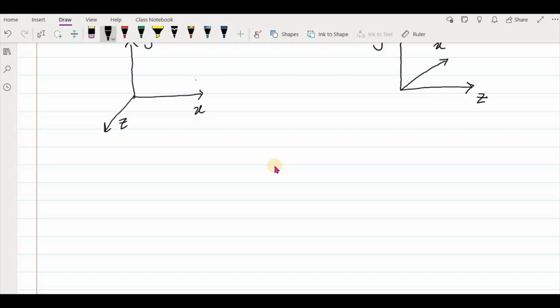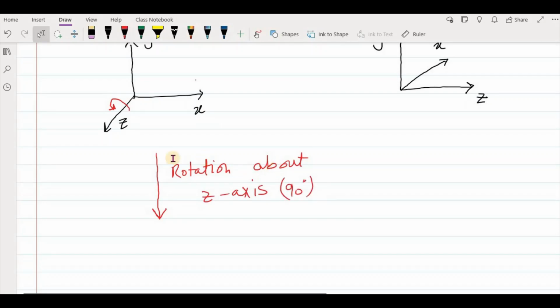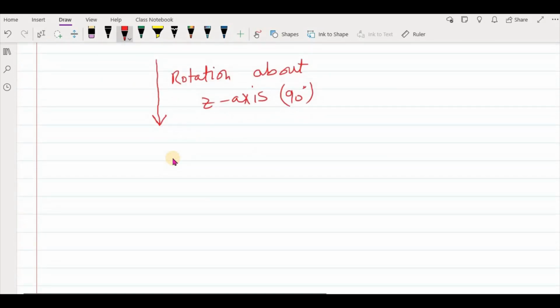Okay, so the first step is a rotation about the z-axis. We did a rotation of 90 degrees about the z-axis. Now this is how our frame should look.